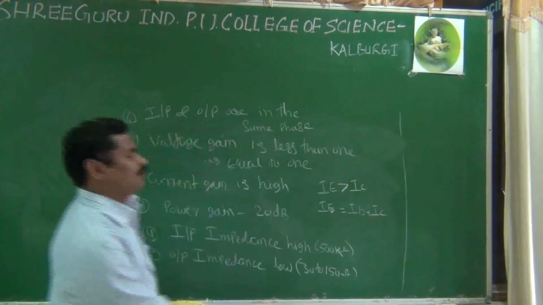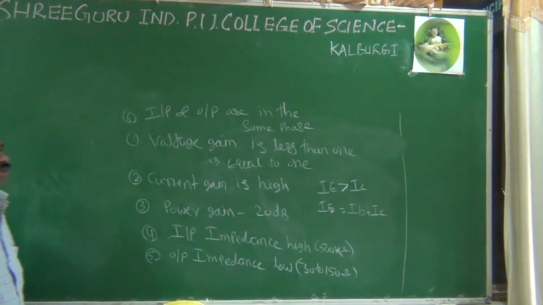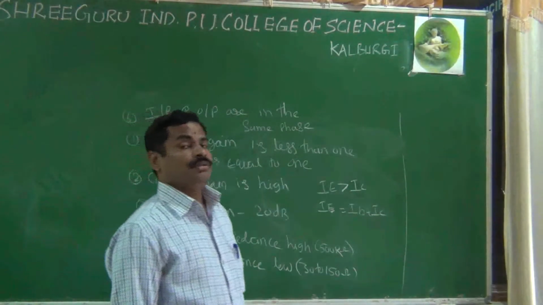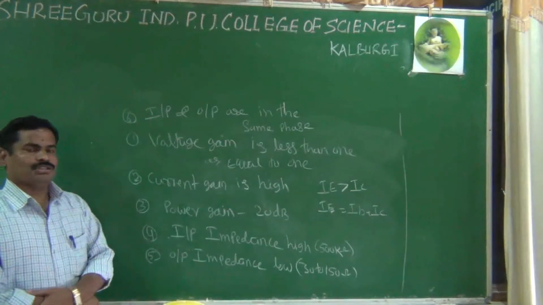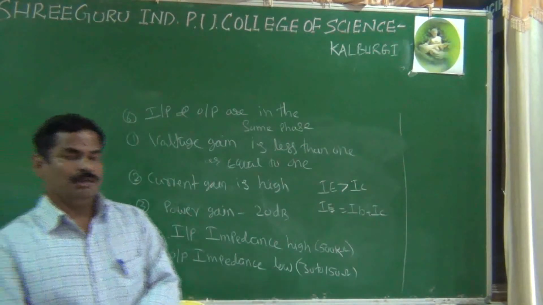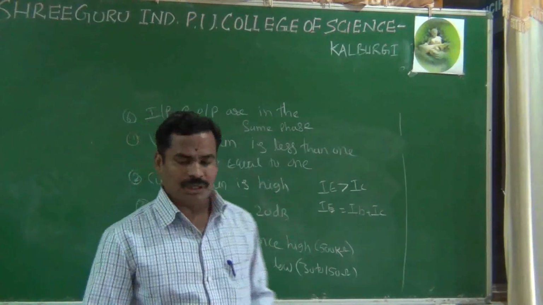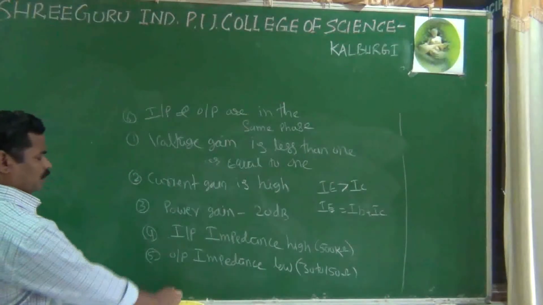It means why do you have more current gain? Because you measure the output across the emitter. That's the one simple reason the current gain is very more. And this is about the important characteristics of your common collector amplifier.